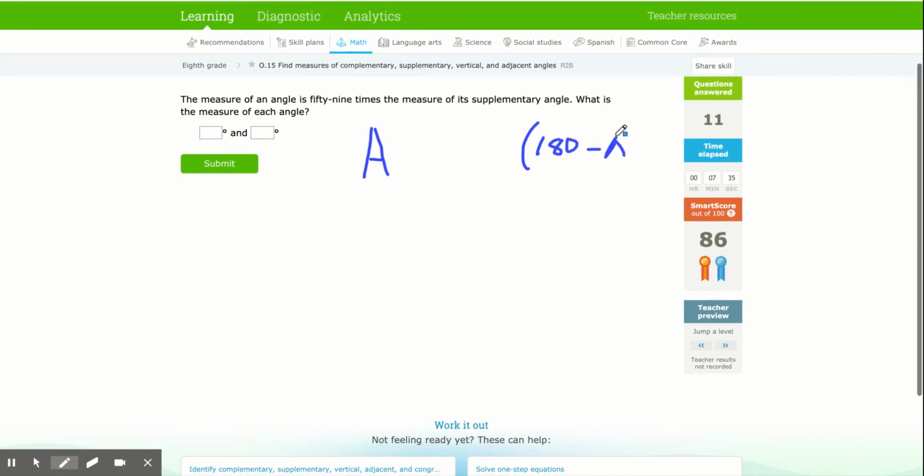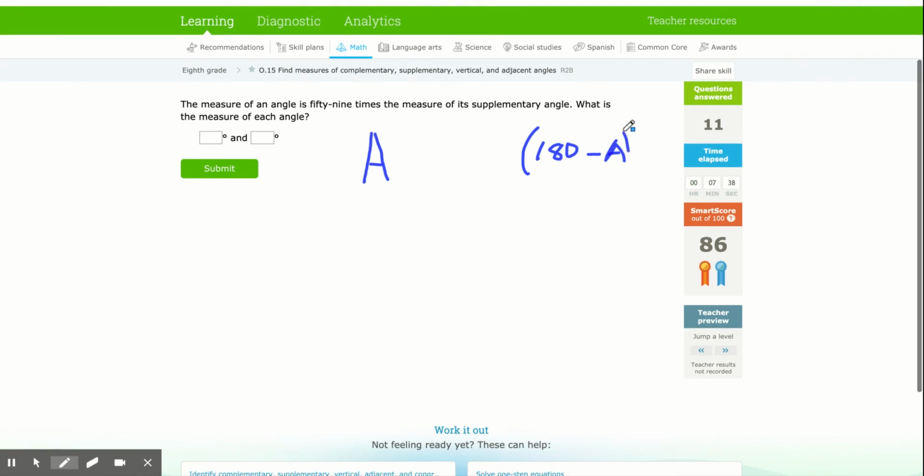So I'm using A to represent some unknown angle. 180 minus A is its supplement, and I know that the angle itself is 59 times this measure. Wow, that's a lot. 59 times the 180 minus A. So I'm definitely going to use a calculator on this one to distribute, because A is going to equal whatever 59 times 180 is.